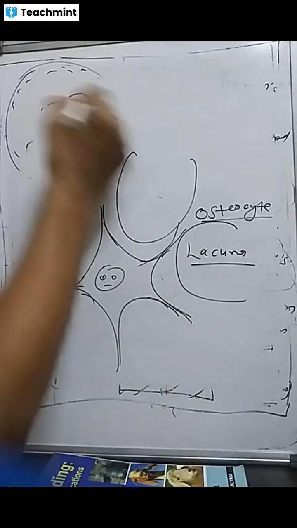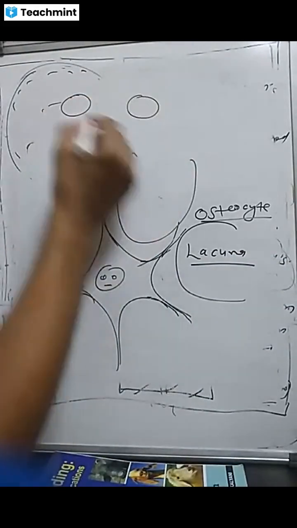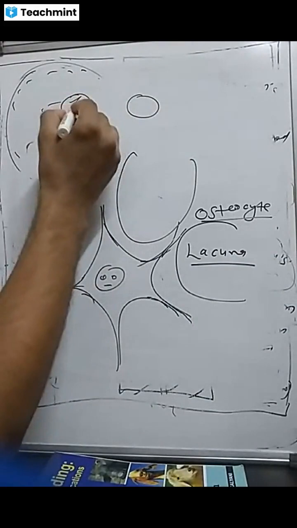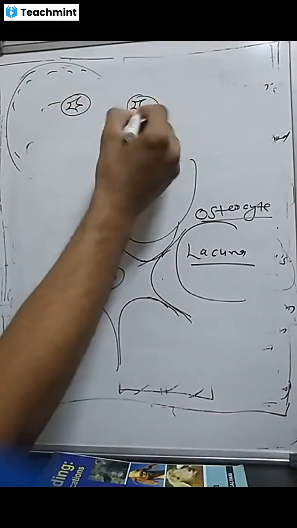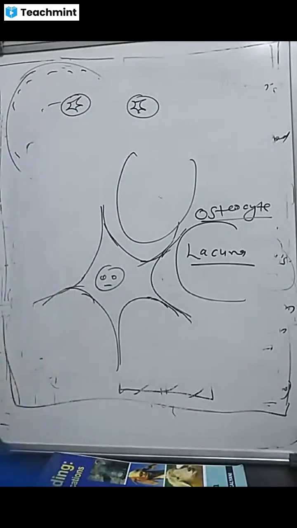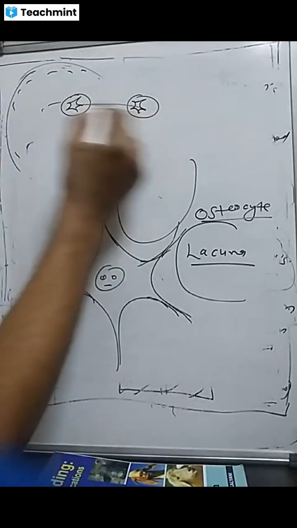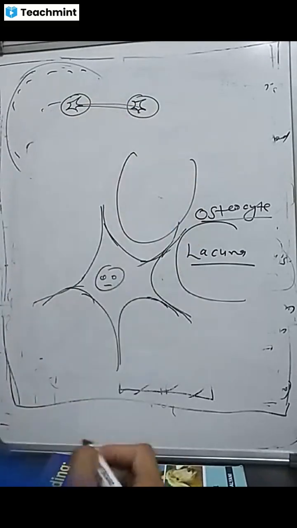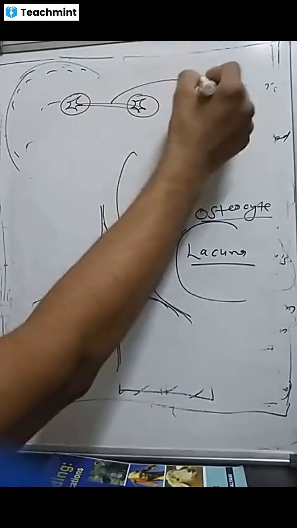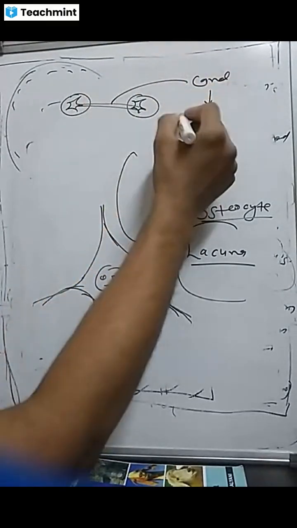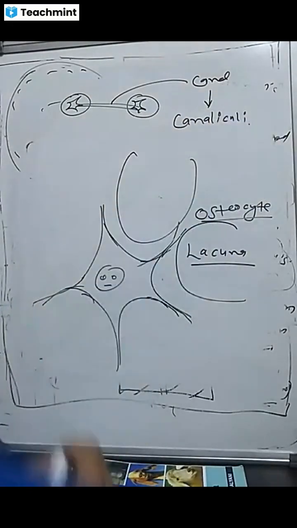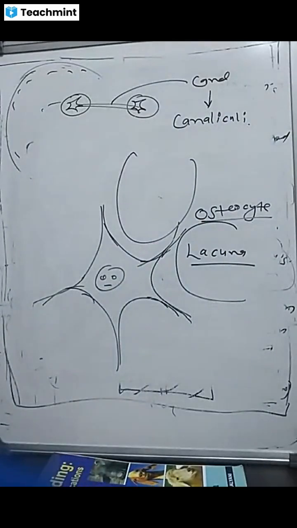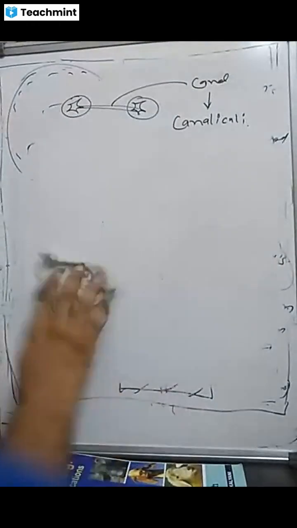So if this is one lacuna and another lacuna, inside these the osteocytes are present, and they communicate with each other through some canals. They are called canaliculi.